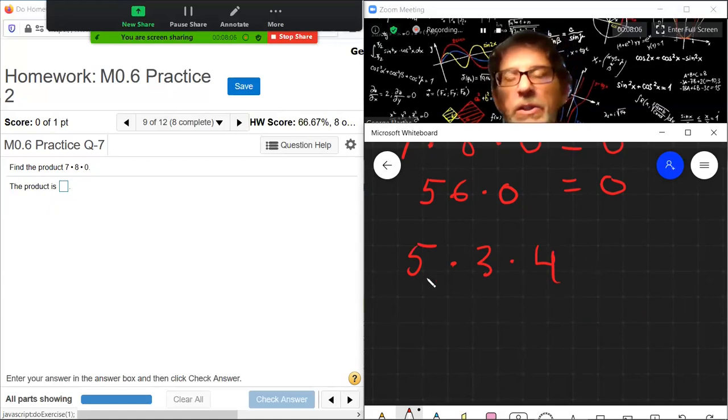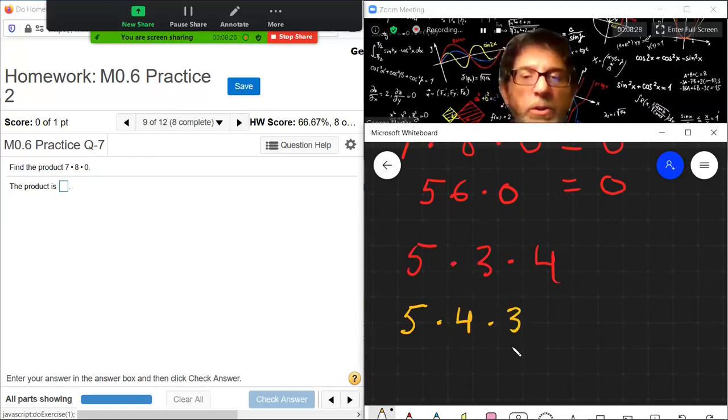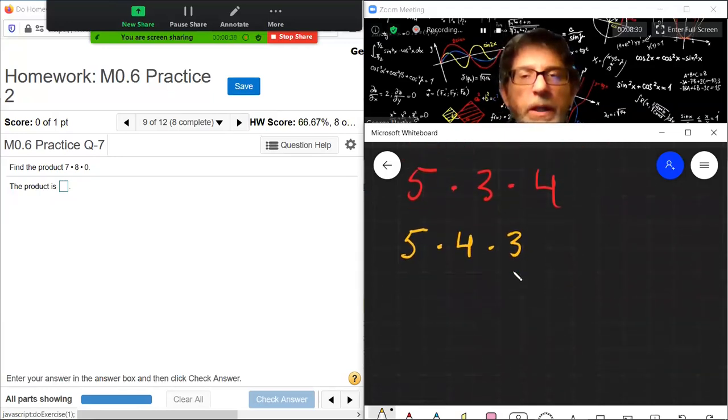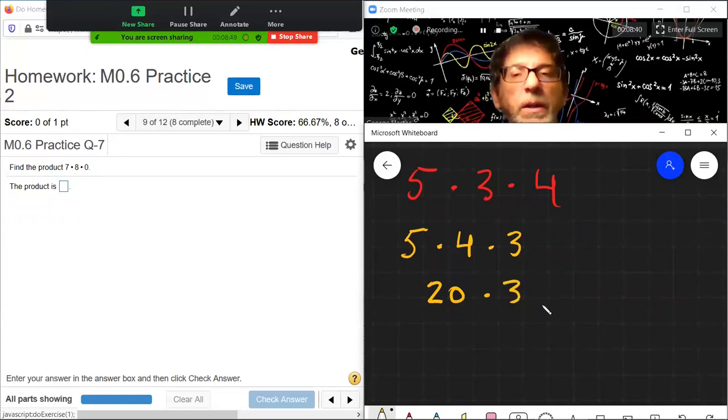But when I see this, and I know that I can move the numbers in any order because everything's being multiplied, or I can group these in any way, in my head, I'm going to keep the 5. I'm going to take this 4 and move it next to the 5, and then take this 3 and move it here. Why would I do such a thing? Because then I can say in my head, 5 times 4 is 20. I can do that in my head. And then 20 times 3, well, that's 60.